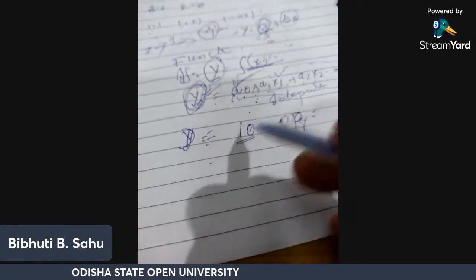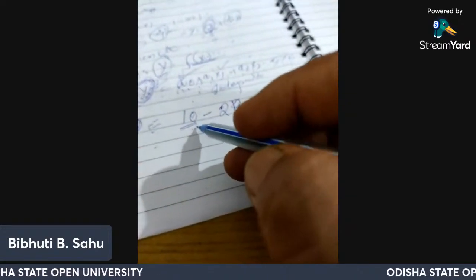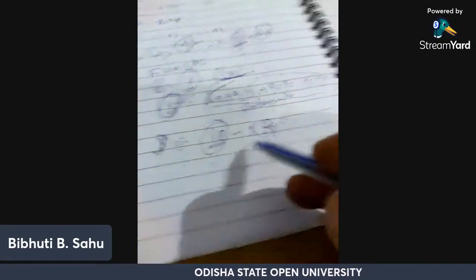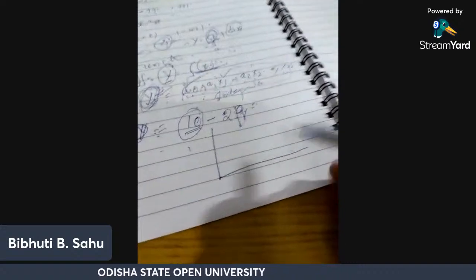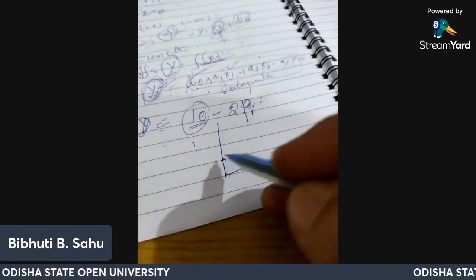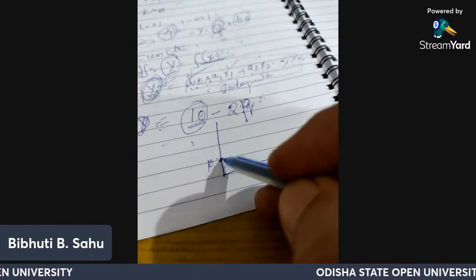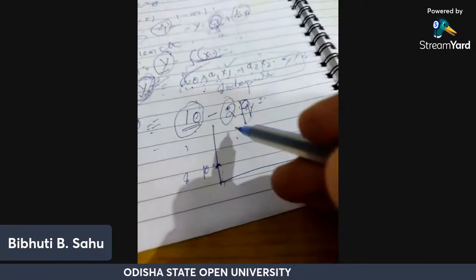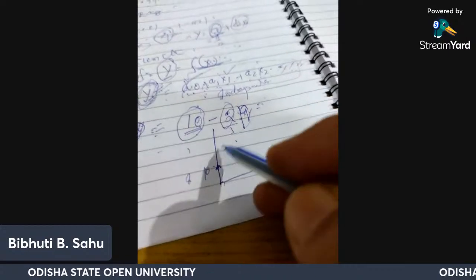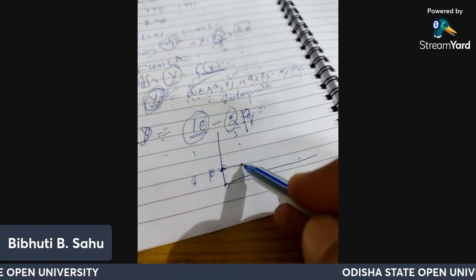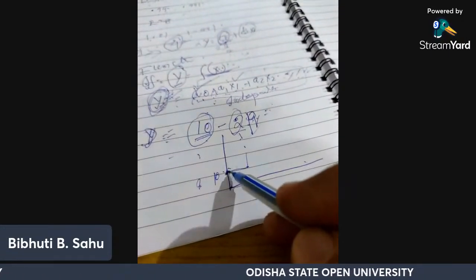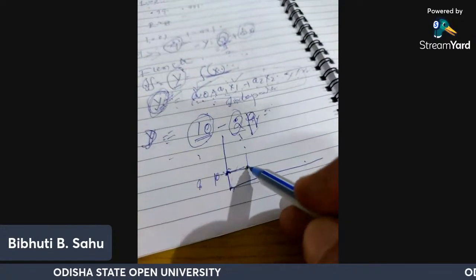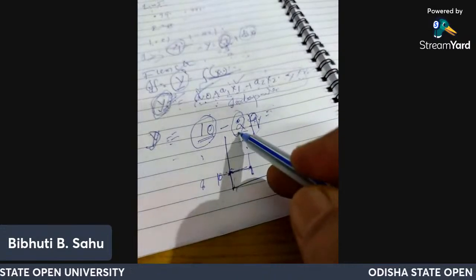If price is 0, then maximum demand will be 10. And this 10 is the intercept value on the vertical axis. So on this vertical axis, let this be 10. So this is the intercept. And this 2 is the slope. That means this is 2 by 1, that means 2 for every 1. When price increases by 1, demand diminishes by 2.